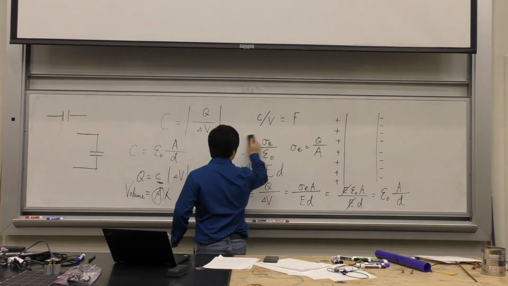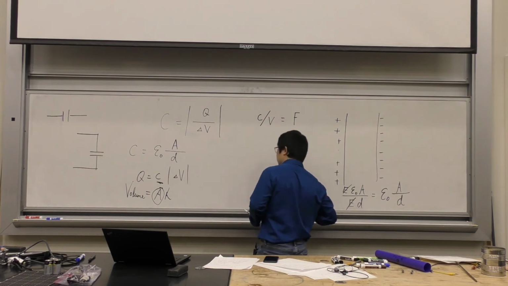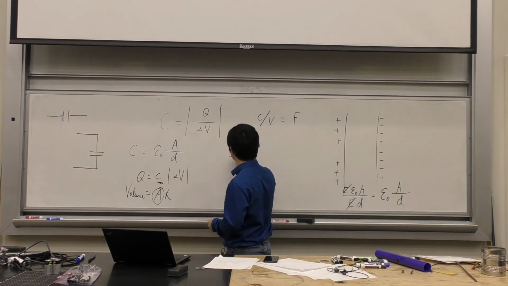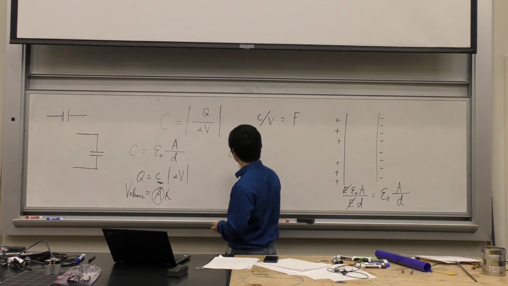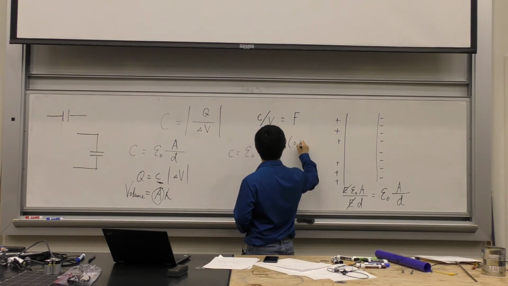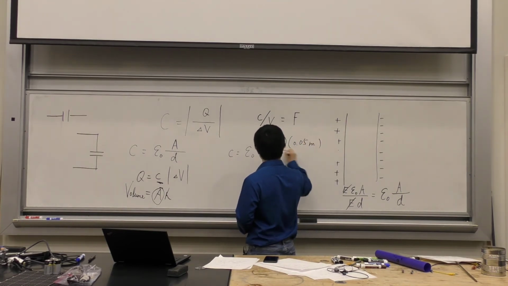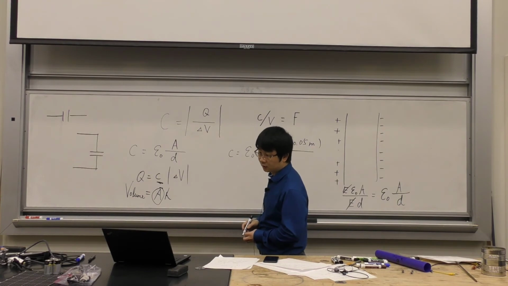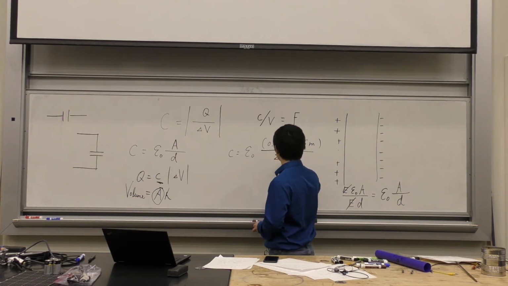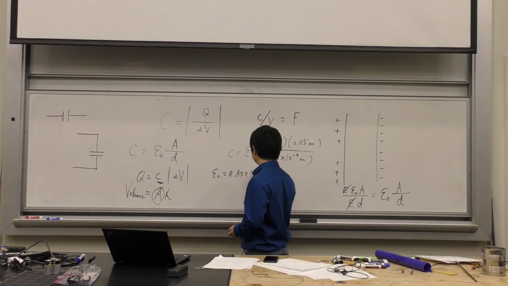All right, so what is the number you got? The C, if you use this equation, you already know it's going to be 3 centimeters times 5 centimeters, that's the area. And then the distance is 2 millimeters. And epsilon naught is a constant, 8.85 times 10 to the negative 12.